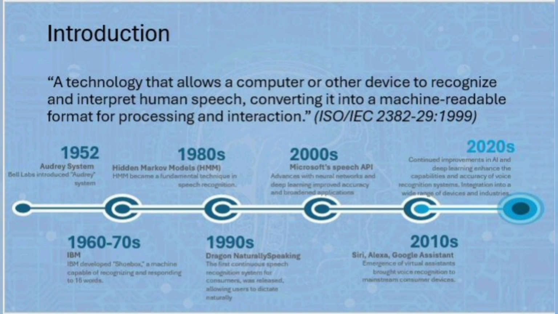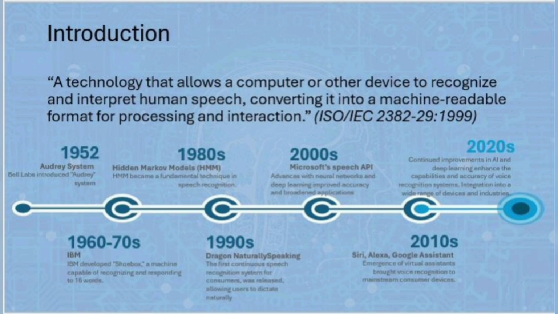This definition highlights the core functionality of voice recognition technology, which is the conversion of spoken language into text that machines can understand and respond to. Let's delve into the historical timeline of voice recognition technology.